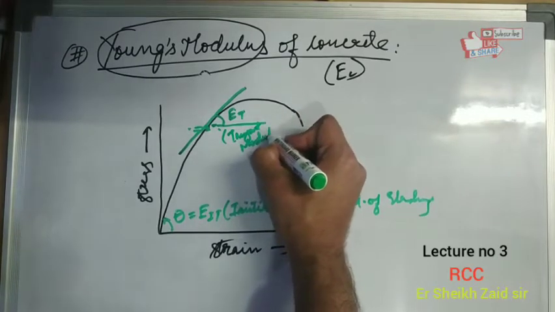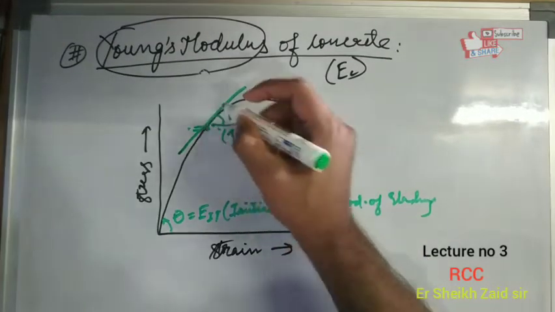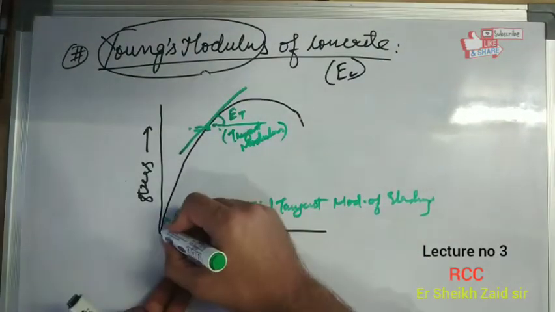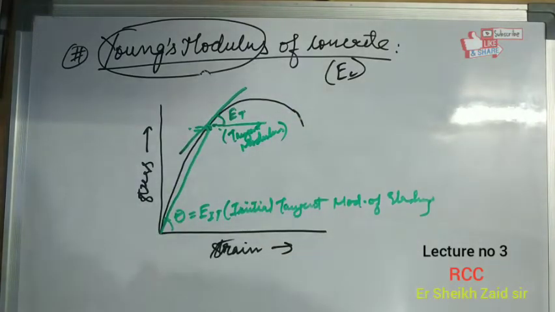Now the third type of Young's modulus comes as secant modulus of elasticity. So what is secant modulus? It is the slope of the line joining any point on the stress strain curve to the origin. So for example, I'll take the same point and I'll join it with the origin like this.